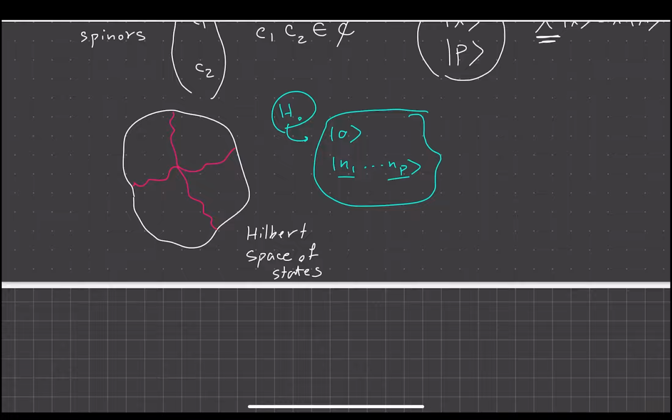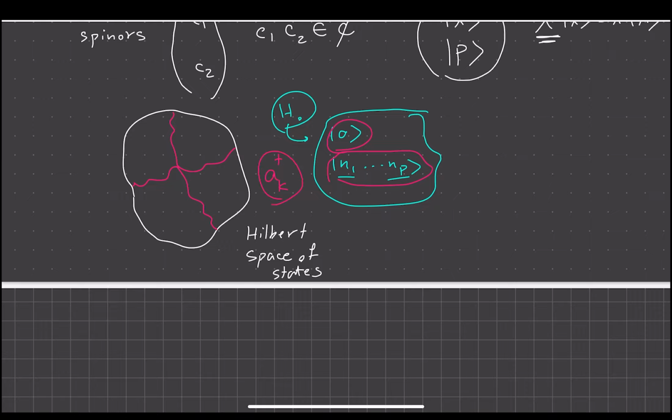And when you have a free field, your basis is systematically constructed from this vacuum. So if you have this vacuum, how do you make these states? By using this a dagger k, the creation and annihilation operators.